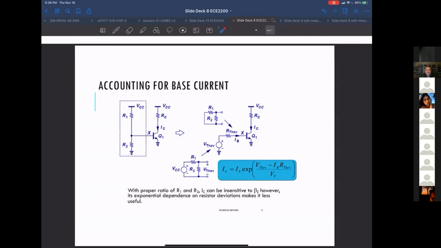Oh, okay. For your amusement, I'm happy to follow it, but it's covered pretty well in the book, with an example, how to do the Thevenin.